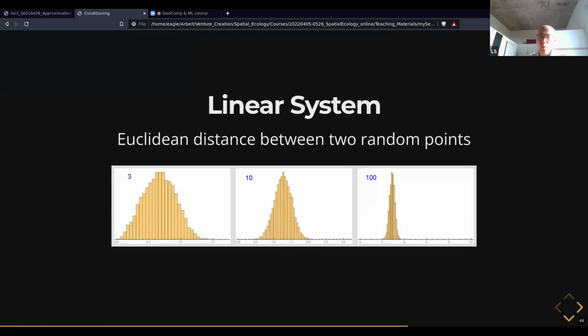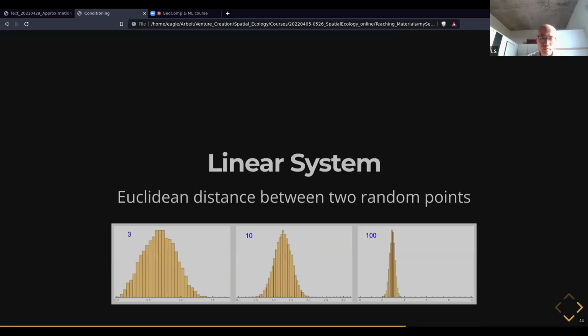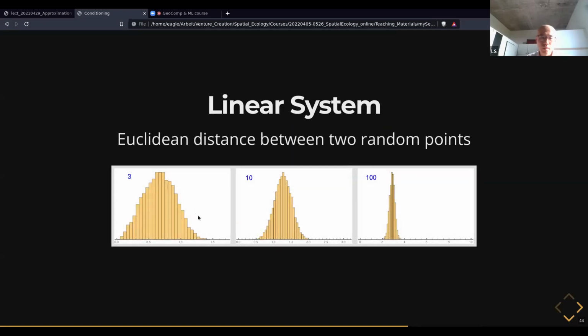Then I just pick 2 random points from this circle. Then I calculate their distance. That's 1 time, 2 times. I do 100,000 times. Then I get 100,000 distances. Then I plot a histogram of all these distances, and that's how I see it for the 3 dimension.